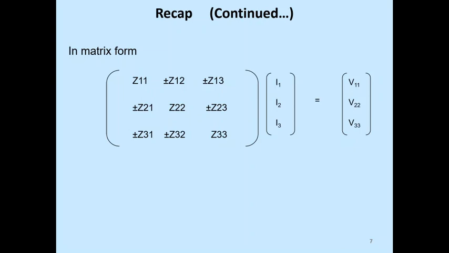The current matrix is equal to the voltage matrix, where Z11, Z22, Z33 are the self impedances of each mesh, and Z12, Z21 are the mutual impedance between mesh 1 and mesh 2. Z13 and Z31 are the mutual impedance between mesh 1 and mesh 3, and Z23 and Z32 are the mutual impedance between mesh 2 and 3.